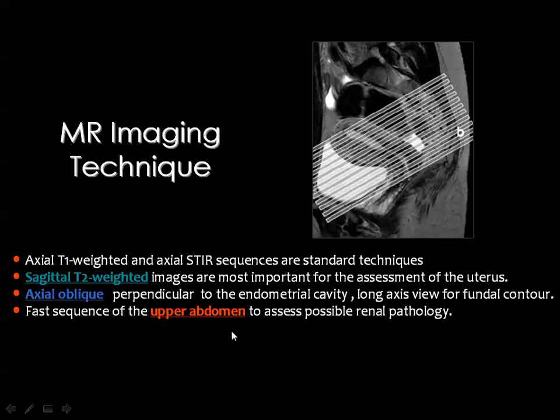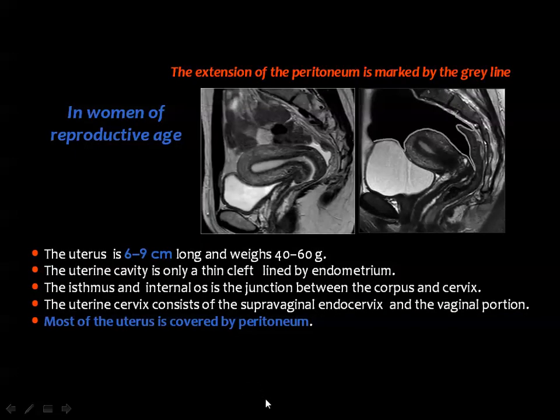And it's a good policy to have some scans for the abdomen, searching for, let us say, metastatic deposits and lymphadenopathy. And whenever you are dealing with uterine congenital anomalies, one of the helpful ideas is to look for renal anomalies as well.